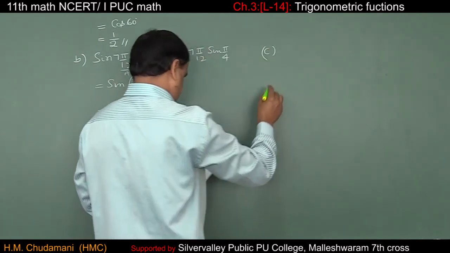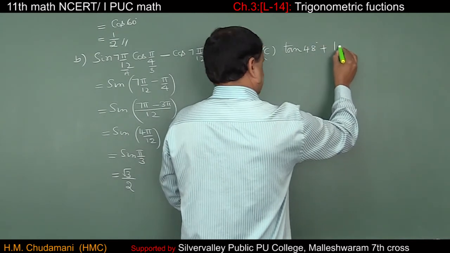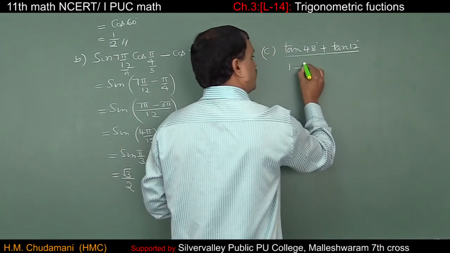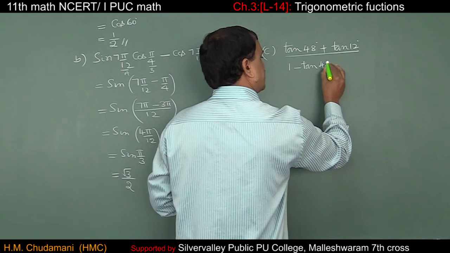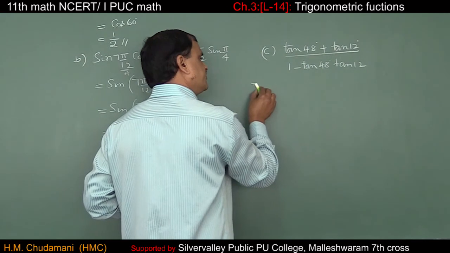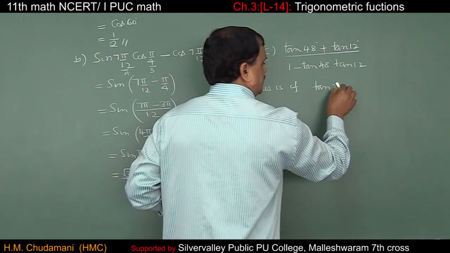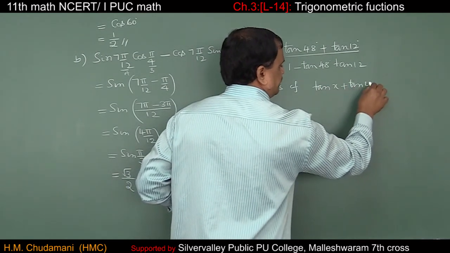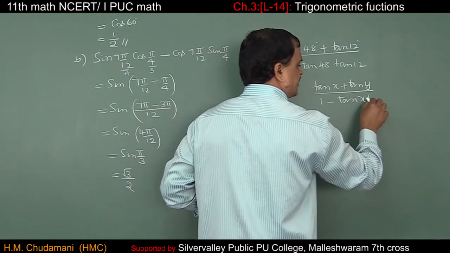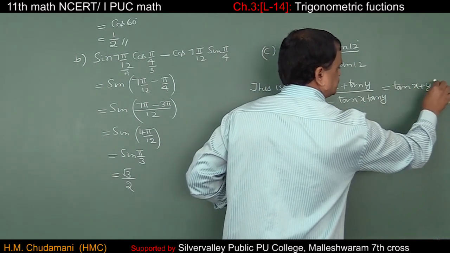See, tan 48 degrees plus tan 12 degrees divided by 1 minus tan 48 into tan 12. Observe this. This is of the form tan x plus tan y divided by 1 minus tan x into tan y, which is equal to tan of x plus y.